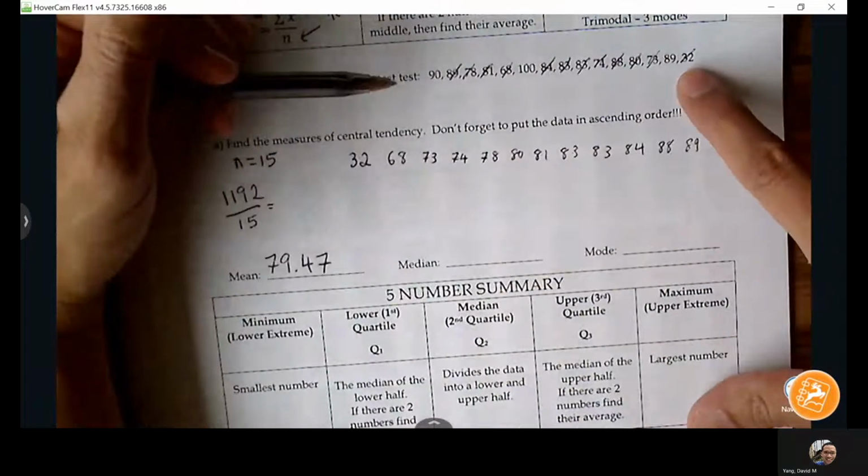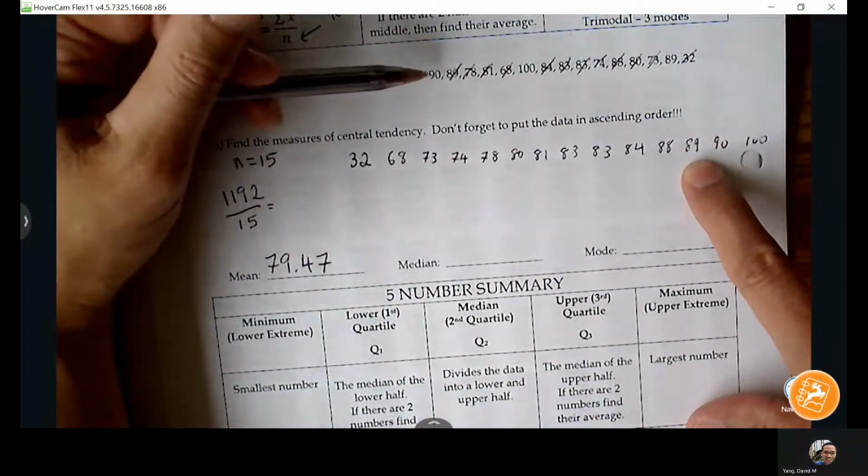Missed the number. Oh, there's two 89s. Okay.